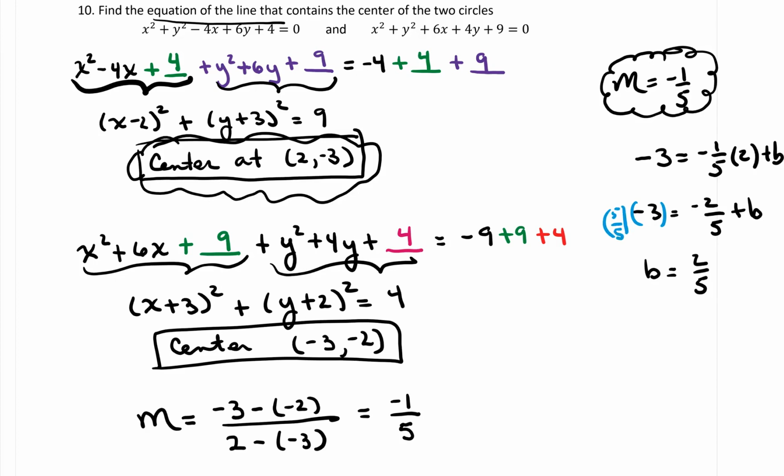So that negative 3 I could rewrite as negative 15/5. So my b value is going to be negative 13/5. So my equation of the line that joins those two is y equals my slope, negative 1/5, times x, plus b, which is negative 13/5.